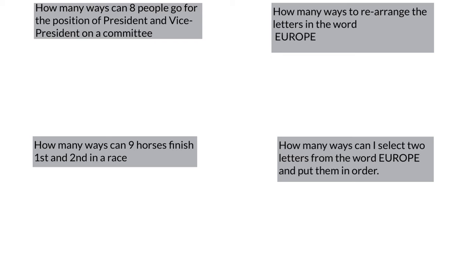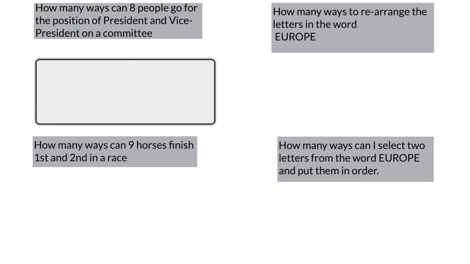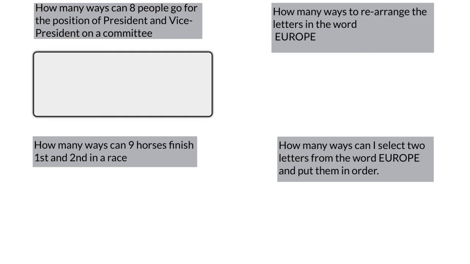So 4 different questions here that we can go through. Let's just put a little blackboard under each one. So question 1, how many ways can 8 people go for the position of president and vice president? So we know that N equals 8 and R equals 2 here. So it's just NPR, 8P2. 8 people going for the position of president and vice president, and 2 people were put in order.